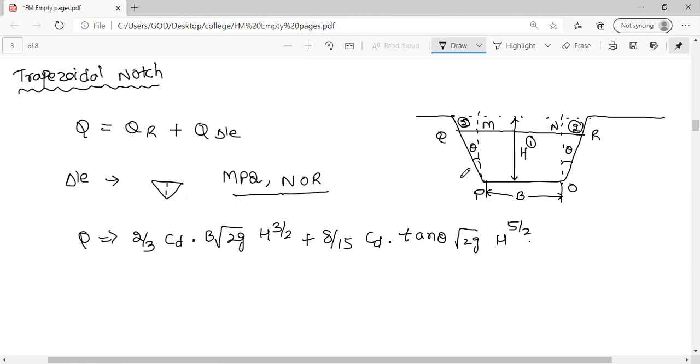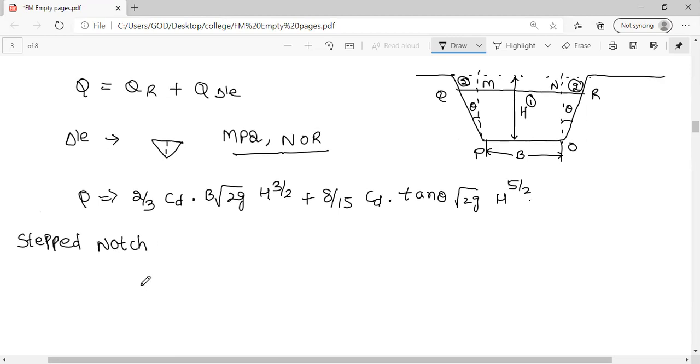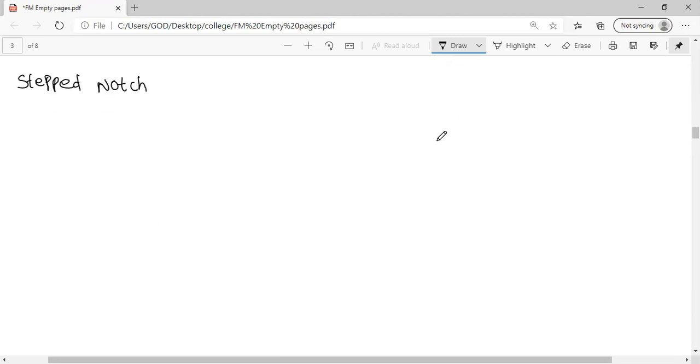Now we will go further, that is the step notch. In the introduction class, we have already discussed the step notch a little bit. A step notch is a combination of many rectangular notches, more than one, even two rectangular notches are called a step notch. For my case, I have considered three.